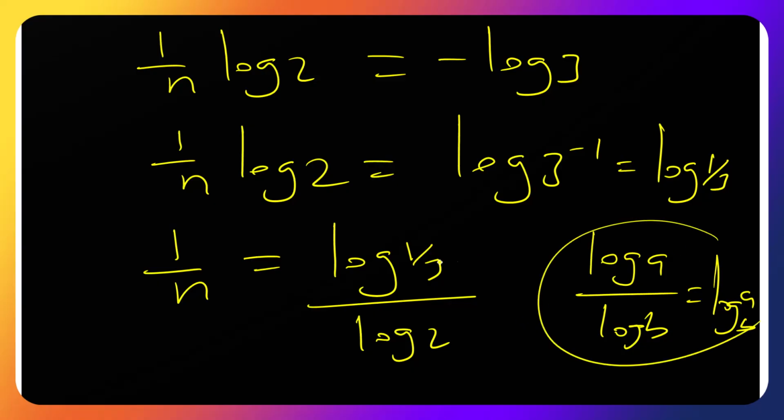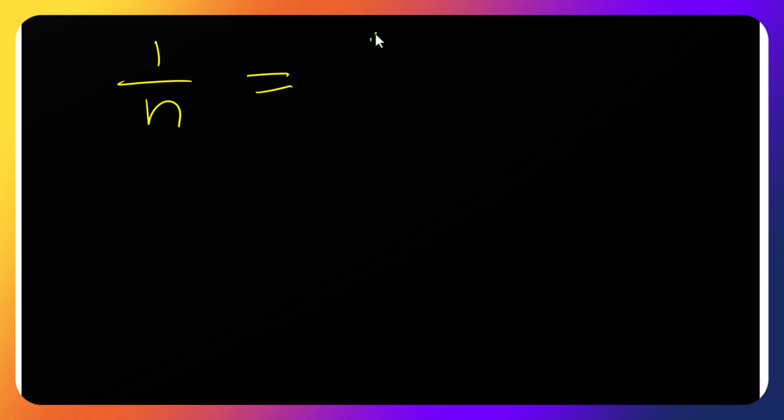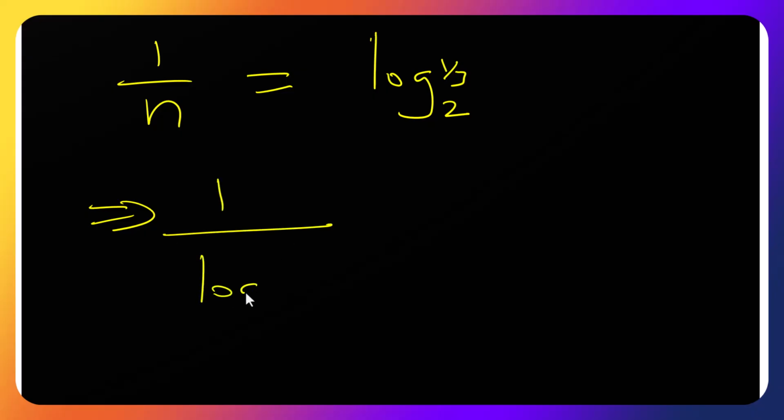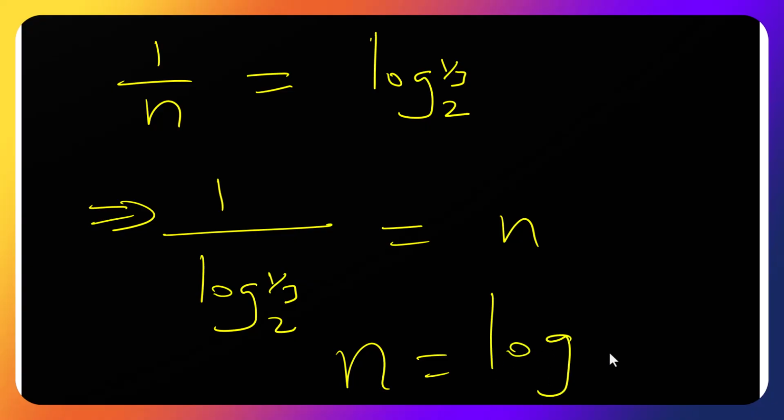So this side will be log 1 over 3 to base 2. And the same as 1 over log 1 over 3 to base 2 equals n. And my n will be, so this one is the same as log 2 to base 1 over 3.